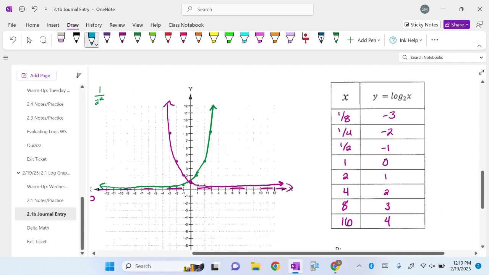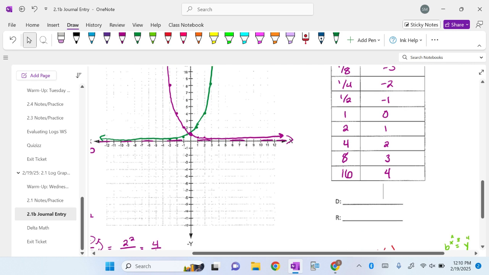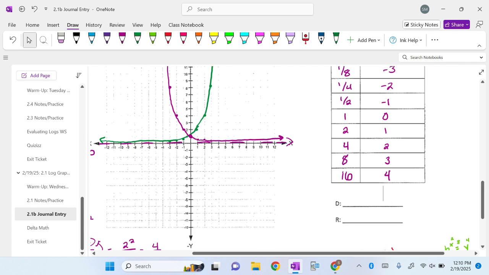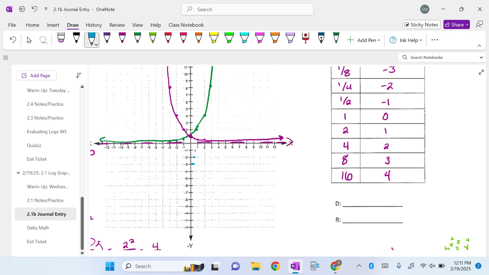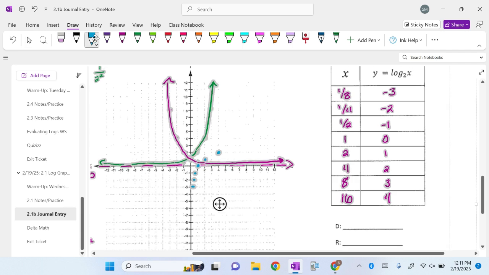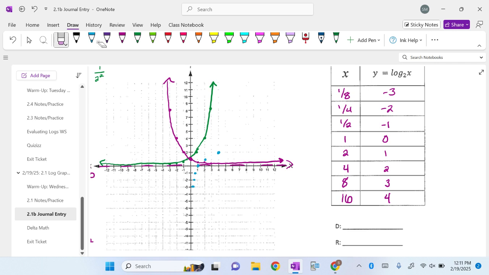All right. Now, if I graph this very quickly, it'll look something like this. So 1/8, -3; 1/4, -2; 1/2, -1; 1, 0; 2, 1; 4, 2; 8, 3; and then 16 will be off the graph, so we're just not going to graph it.